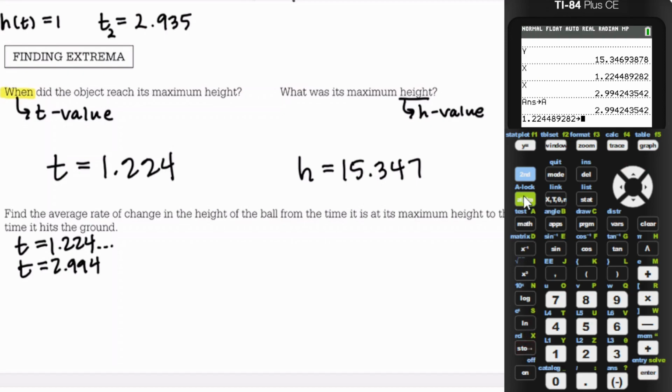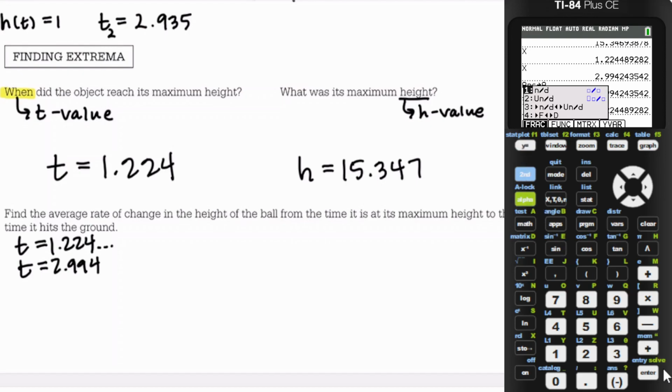This is probably a little more fancy than we need to be, but I just want to show you these calculator tricks right now, since we're talking about calculator today. So we press store right there above ON, and then press enter. Now when you say A, it knows you mean 2.994243542, all the decimals.